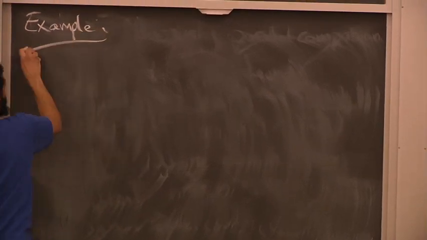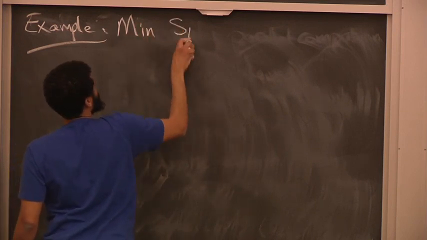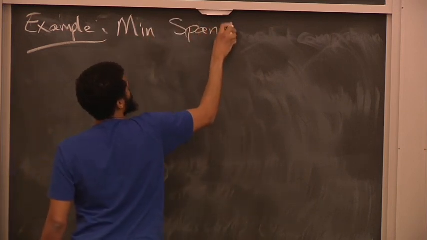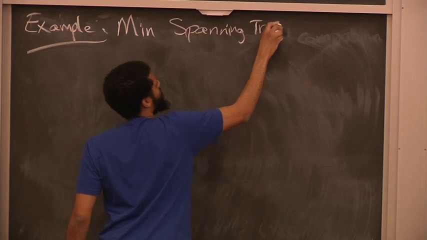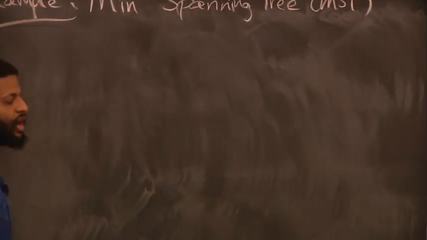I'll show you two graph problems. So min spanning tree, in graphs that are not too sparse.